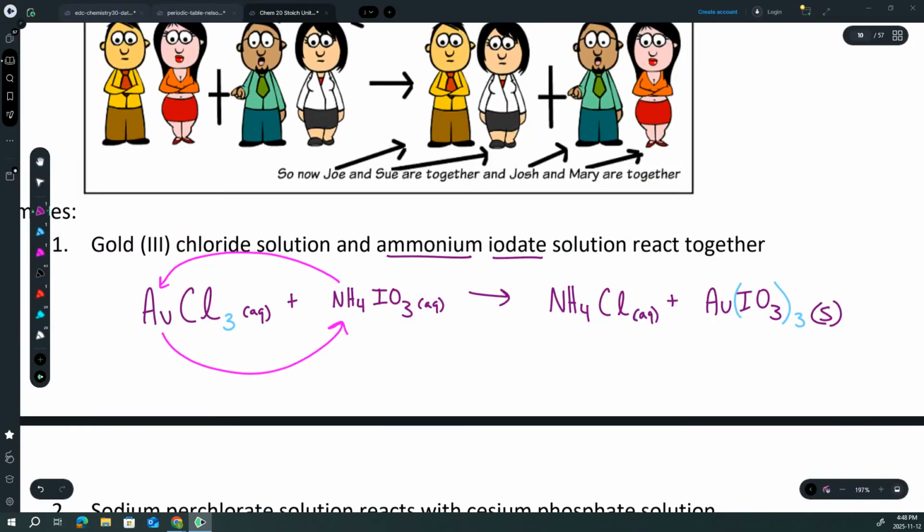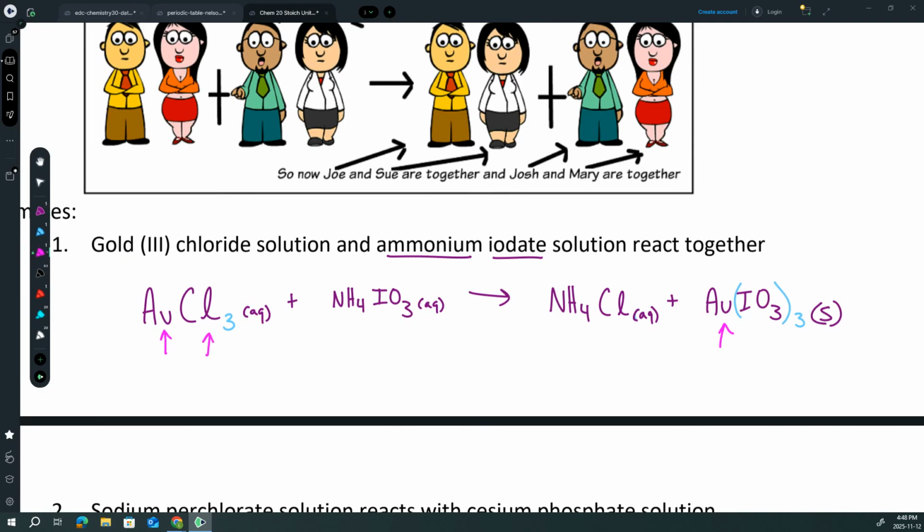Okay, so now what we're going to do is turn the skeleton reaction into a balanced reaction. All right, so we have 1 gold coming in, 1 coming out. We have 3 chlorides coming in, 1 coming out, so I'm going to put a 3 right there. We have 1 ammonium coming in, 3 coming out, so I'm going to put a 3 right there.